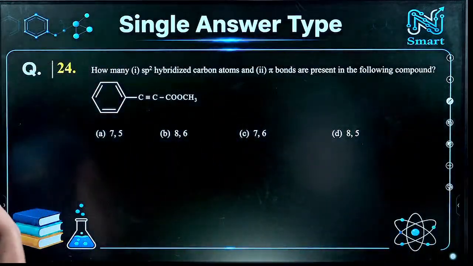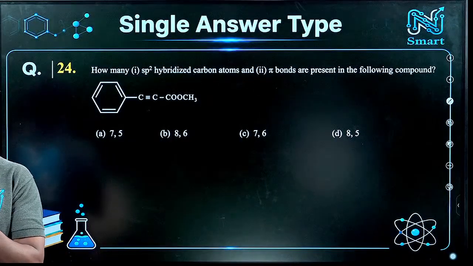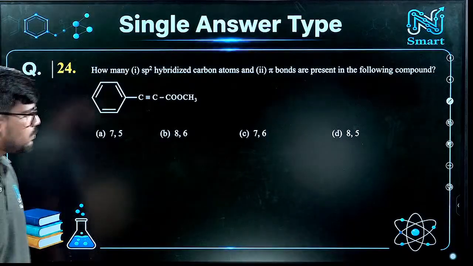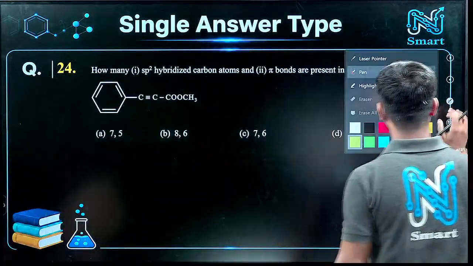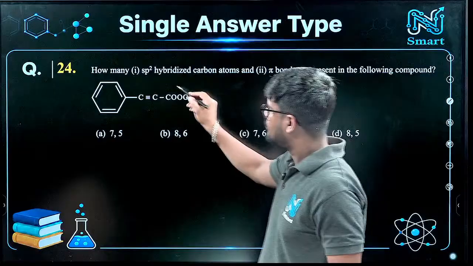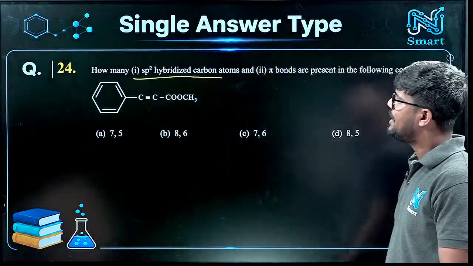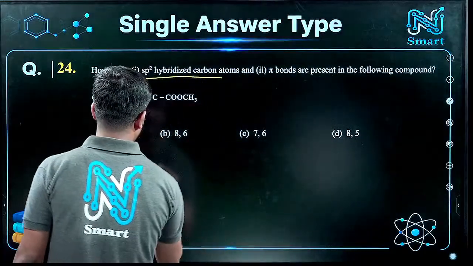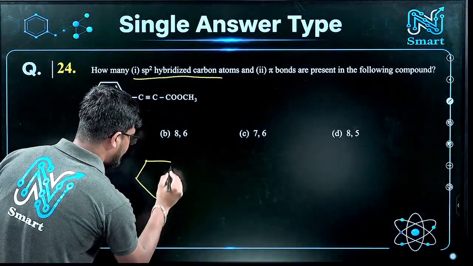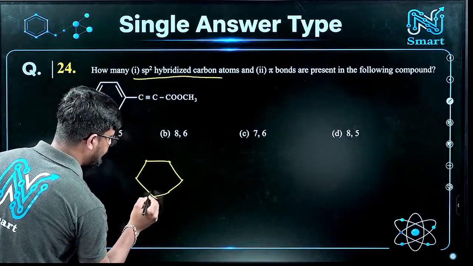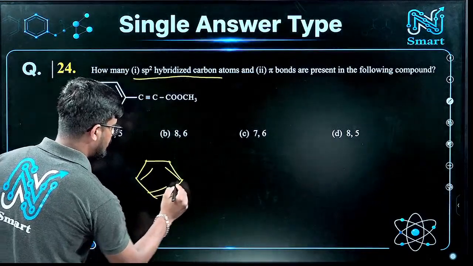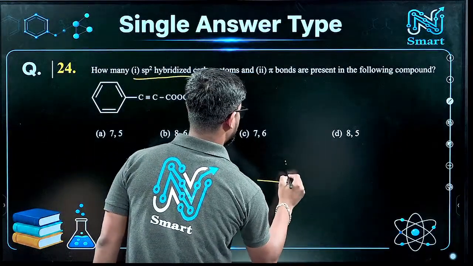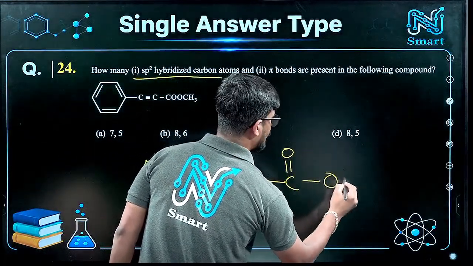Try to solve this question. sp2 hybridized carbon atoms and pi bonds they are asking. Just if you draw this structure, C triple bond C, bond C, double bond O, bond O, CH3.